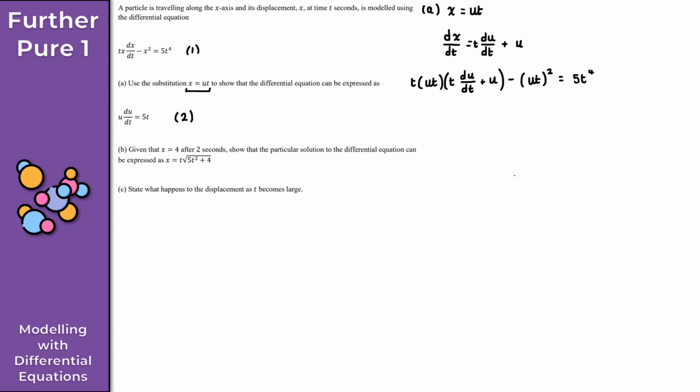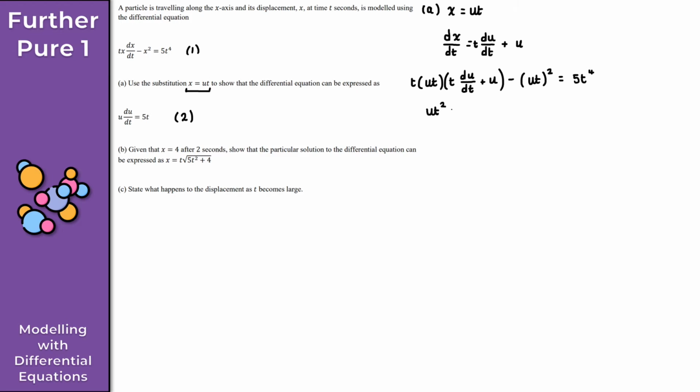So what we need to do now is basically just expand and simplify, and hopefully what we obtain is equation 2. To begin with, we have t times ut, so that's ut squared.